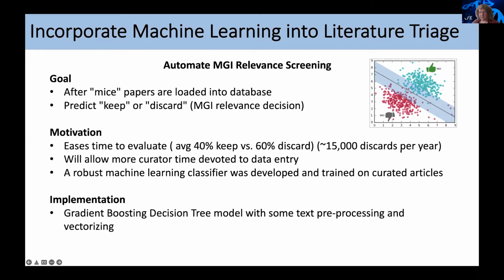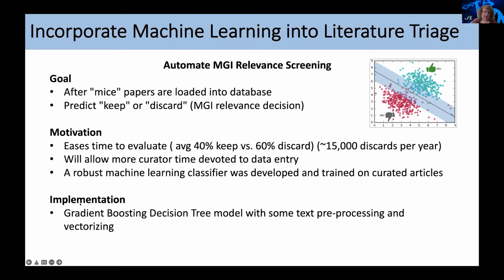That's increased over time. And it certainly would allow more curator time devoted to data entry. This particular task was costing 3 to 5 curator days per month just to select the literature from the corpus. So a robust machine learning classifier was developed and trained on our already curated articles at MGI.